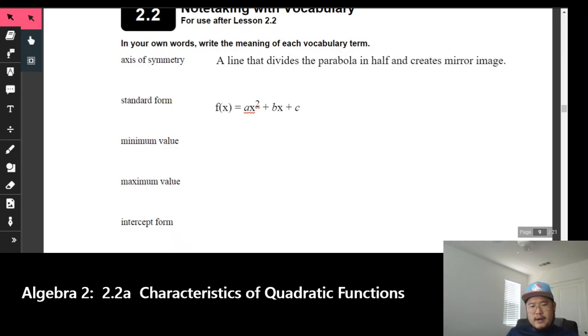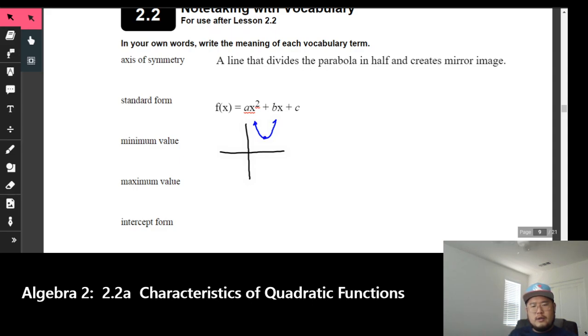Next up, let's take a look right here at what a minimum and maximum value is. If we were to look at a function right here, the minimum value is going to be occurring in a parabola that is facing upwards, right?